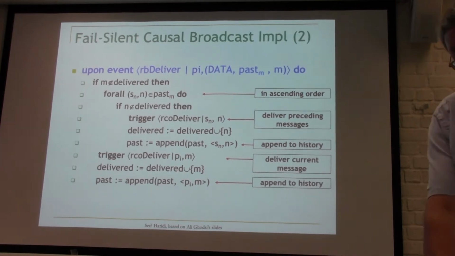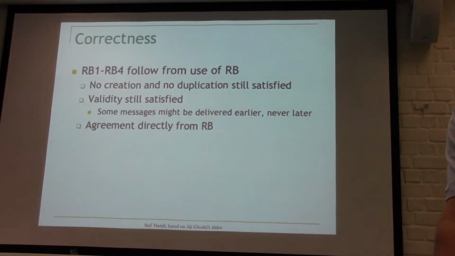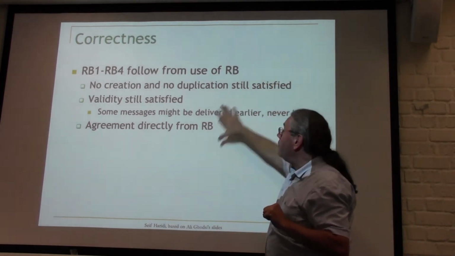But let's first prove the correctness of this. We can actually prove the correctness, and again, it's based on RB. Remember, we have RB1 to RB4 and CB, the two pieces of the specification, and we can prove them separately.